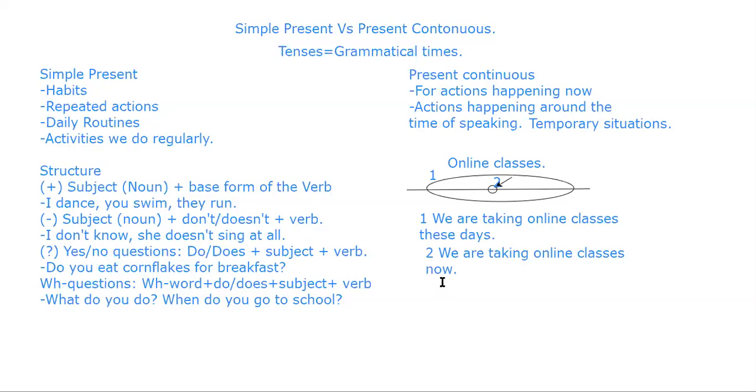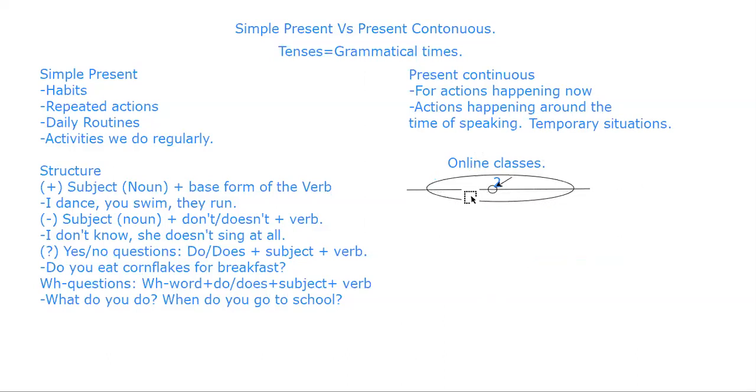So what is the structure of the present continuous? And I'm sorry, but I need to erase this. You can take a picture. Well, it's gonna be on the video anyway, so you can take a picture from the video. Anyway, structure.